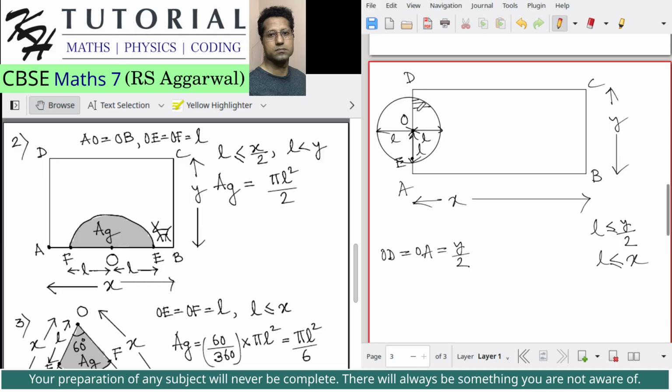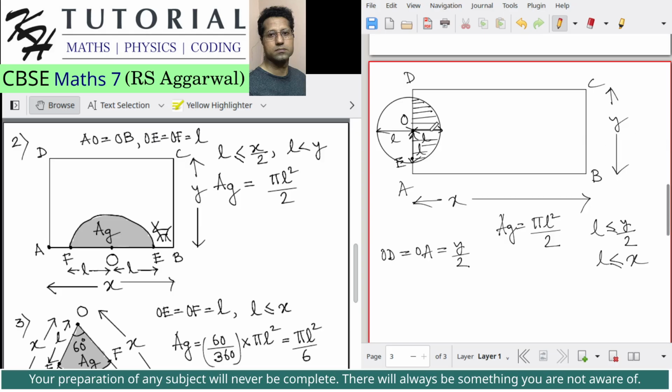This again is a semicircle of the circle of radius small l. So in this scenario also AG will be equal to pi l square by 2, but remember that L has to be less than equal to y by 2, because the animal is tied at the midpoint of the sides either AD or BC whose length is y.